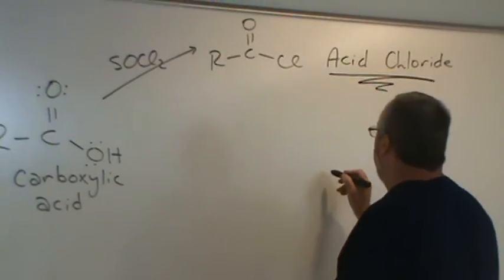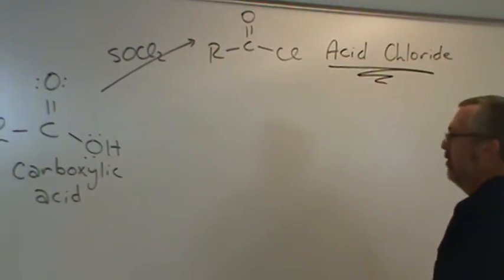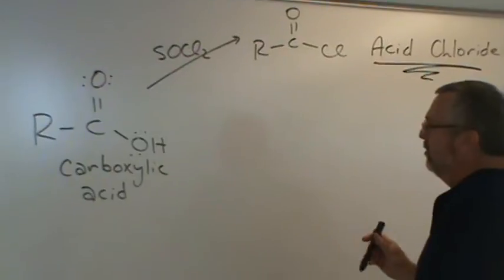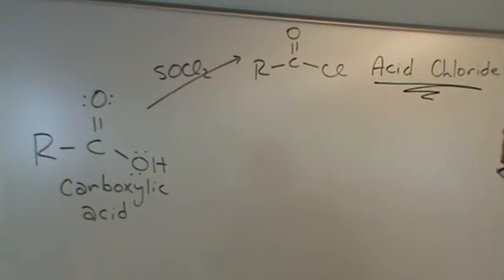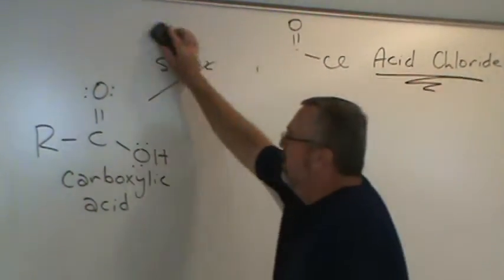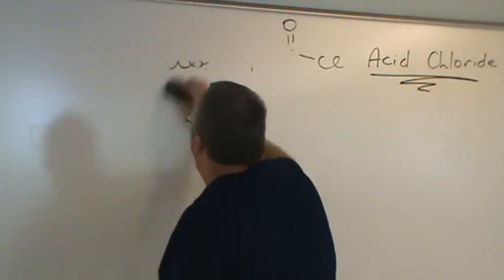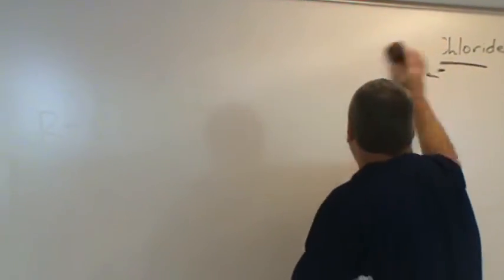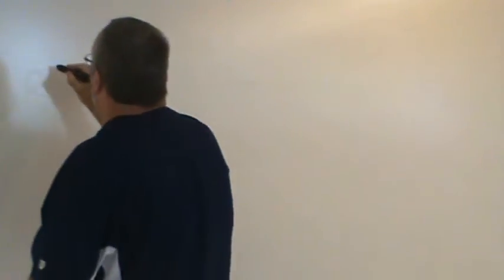So let's look at it right now. I think what I'll do is I'll talk about a specific carboxylic acid derivative. We'll get rid of the R groups here just to give it a little bit more flavor, a little bit more meaning. So let's just say that you go into the laboratory and you pull out a bottle of benzoic acid.